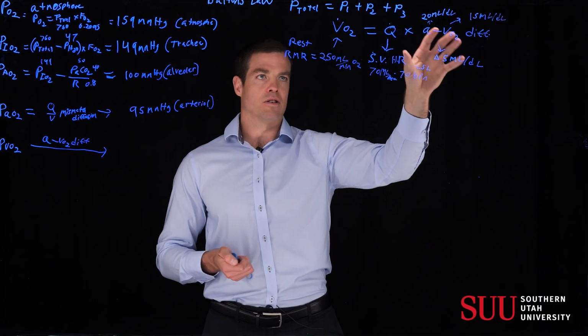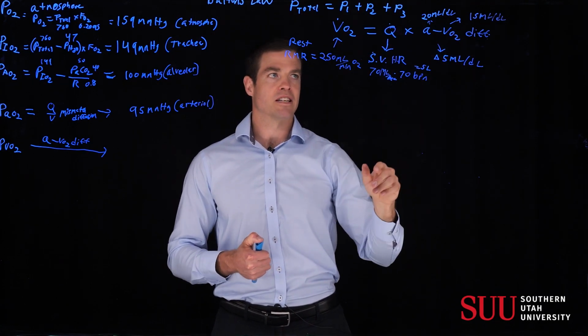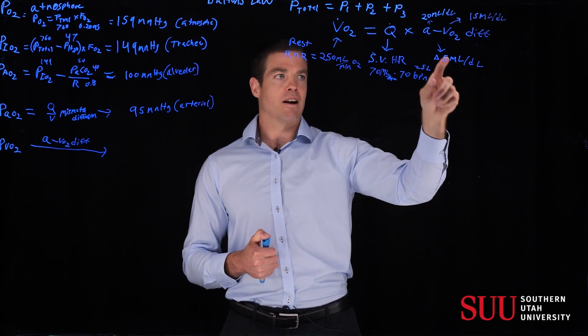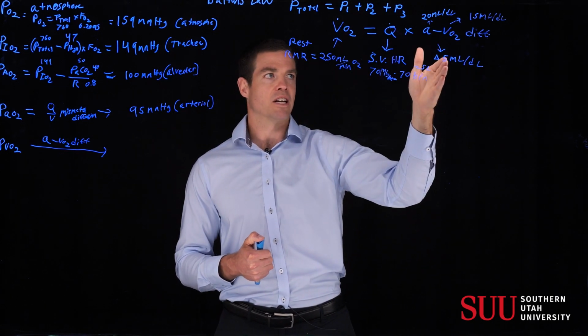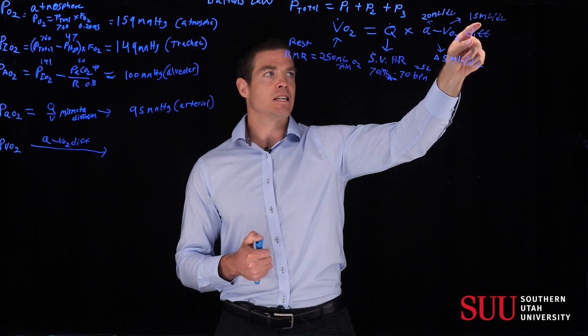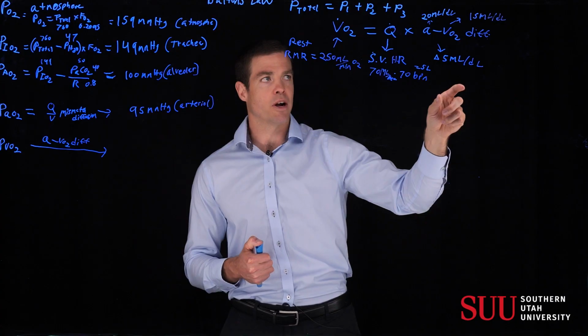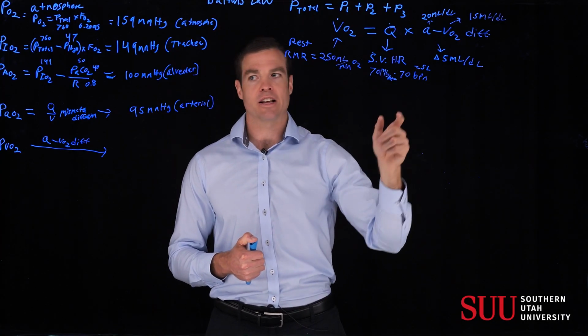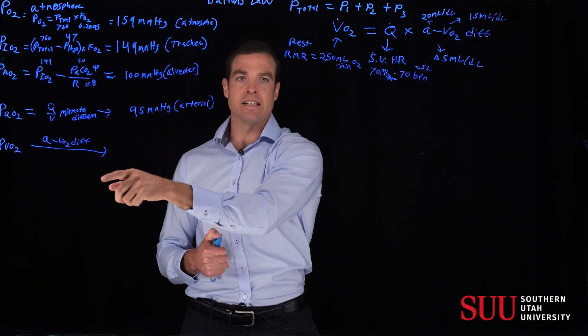And so there's two ways I guess we can do that, but you end up getting about 5 milliliters per deciliter. Okay, now if we know we're extracting 5 milliliters per deciliter, and then we can say, all right, we have 15 milliliters per deciliter, and we can put that into an equation, and we can calculate what your partial pressure is actually going to be at the venous side.